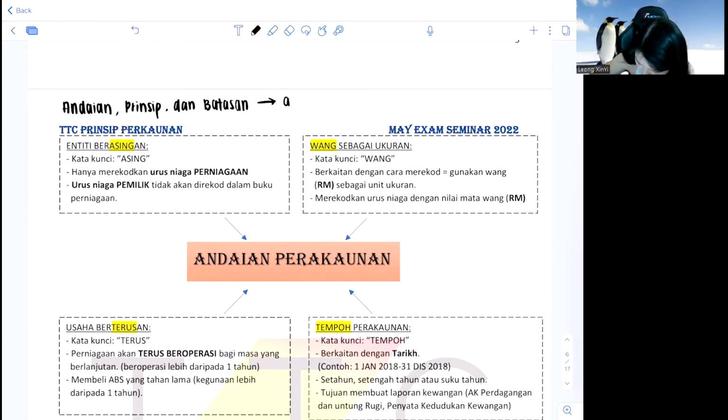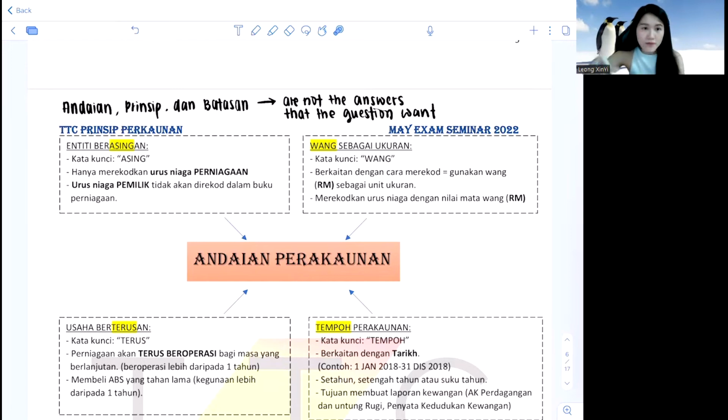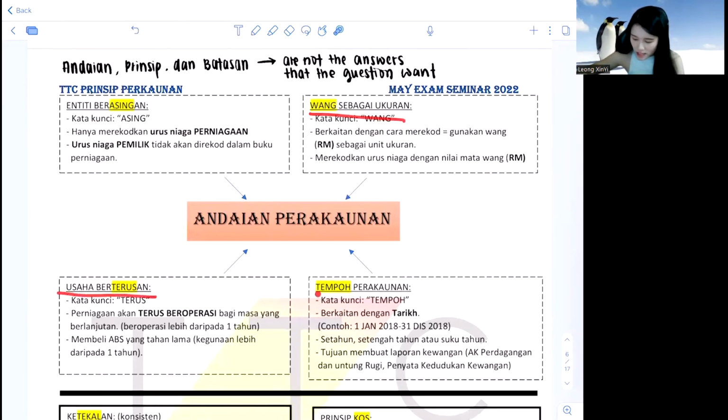These are not the answers that the question wants. So you actually cannot answer Andaian, prinsip, batasan. But when they ask for Andaian, you need to give them: is it entiti berasingan? Is it wang sebagai ukuran? Is it usaha berterusan or tempoh perakaunan? These are the types you have to mention.